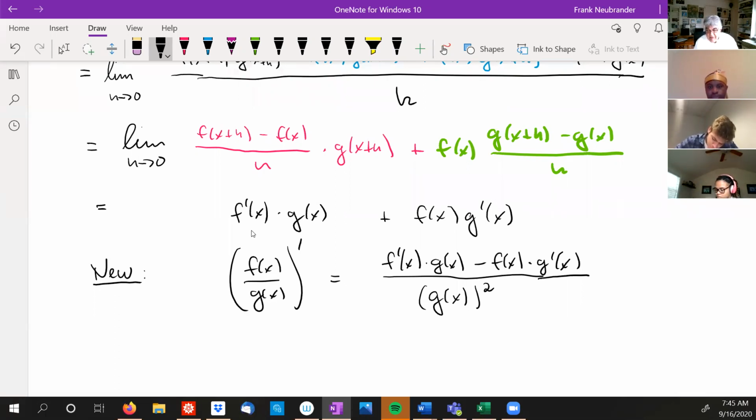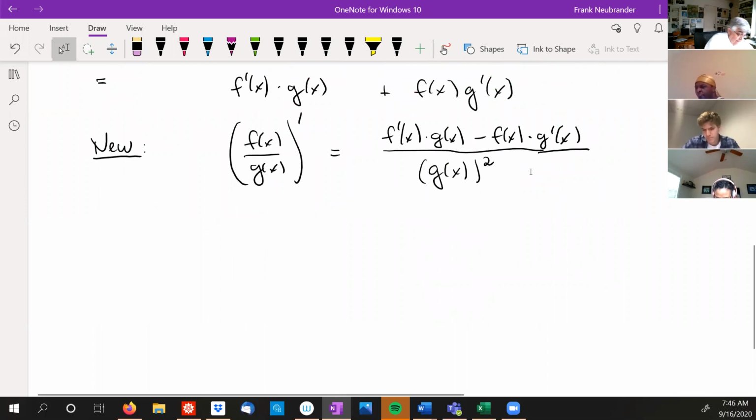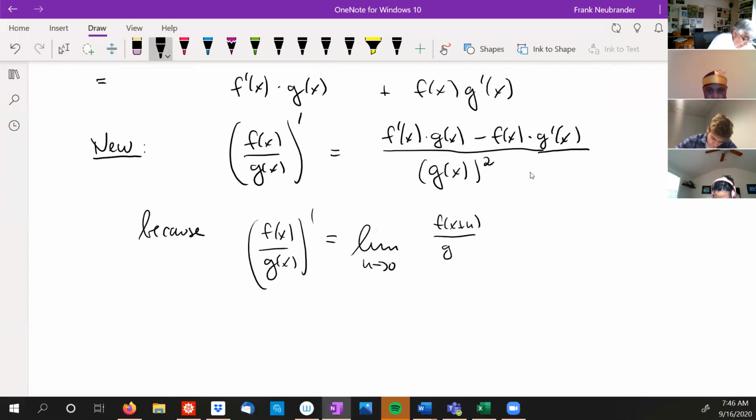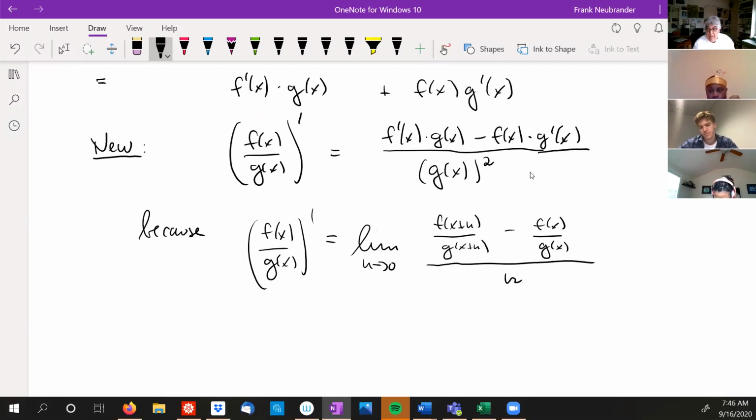Now this looks very strange, but the explanation is that if you take the definition of the derivative, and you look at the differential quotient and see what happens if h goes to 0.